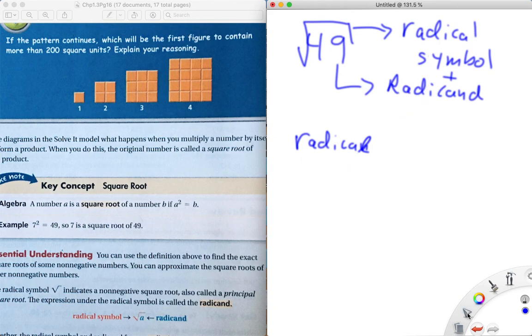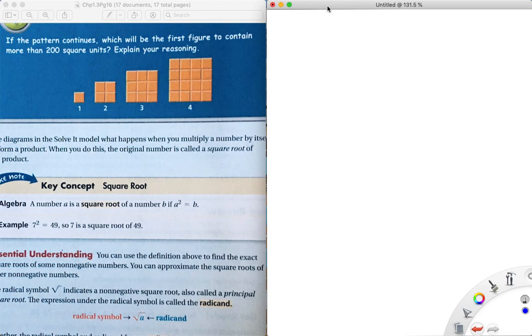In the case of what a radical is and what a square root is, a square root is the number such that when you multiply it by itself, it will give you whatever is inside the radical symbol.